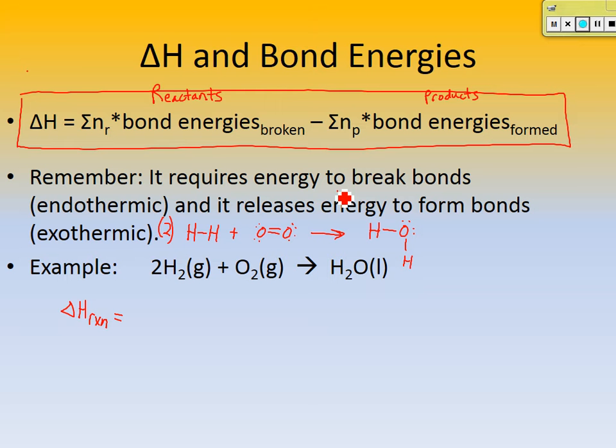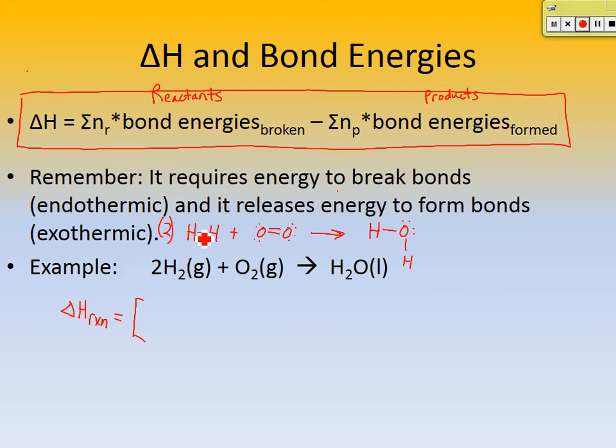When we follow this reaction equation, are we going to do the bonds broken or the bonds formed first? The bonds broken first. Bonds broken is listed first, so we're looking at our reactants. We've got a hydrogen-hydrogen single bond. This is where you look up the value on this table.